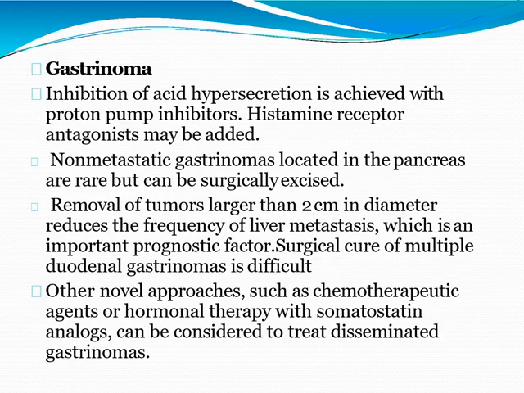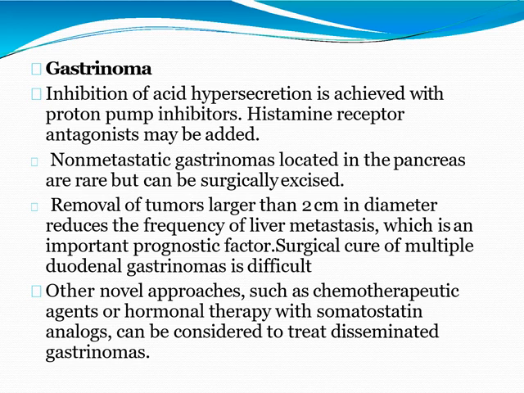For gastrinoma, you can inhibit hypersecretion with PPIs. Then histamine receptor antagonists may be added. Non-metastatic gastrinomas located in the pancreas are rare but can be surgically excised. Removal of tumors larger than 2 cm in diameter reduces the frequency of liver metastasis, which is an important prognostic factor.